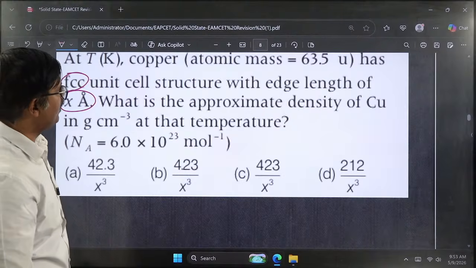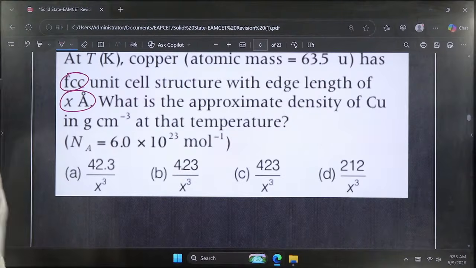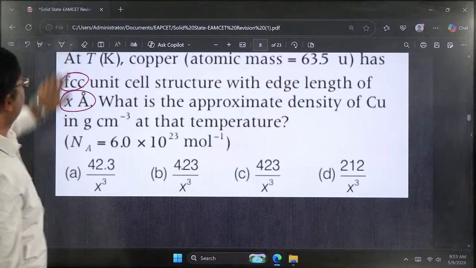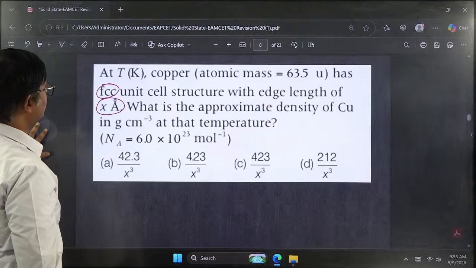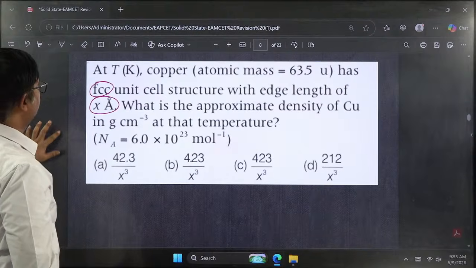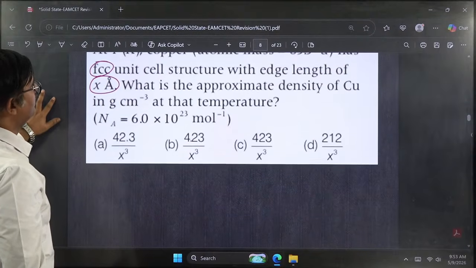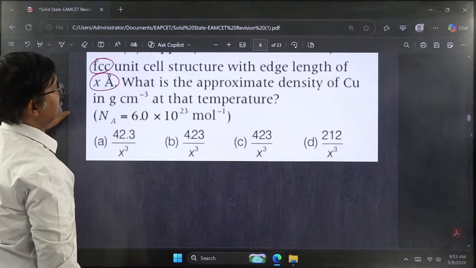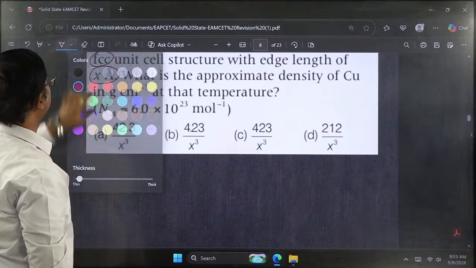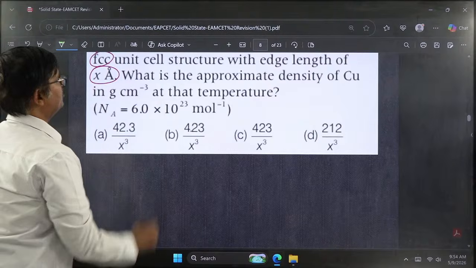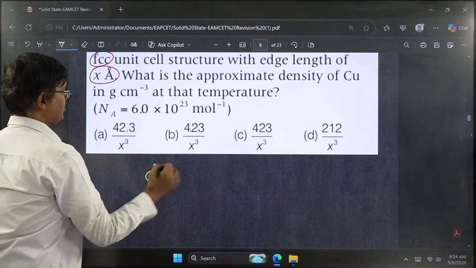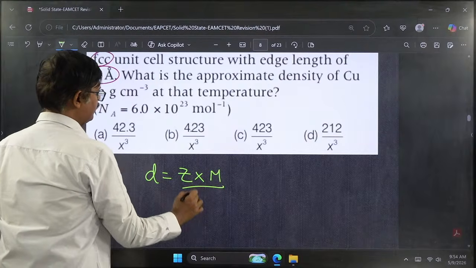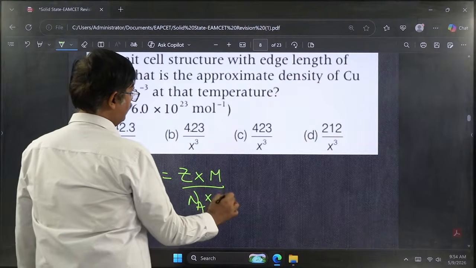What is the approximate density of copper, in gram per centimeter cube? Avogadro number is also given. So now see, the atomic mass of copper is also given, 63.5. So the density formula we know: number of atoms into molar mass by a cube.